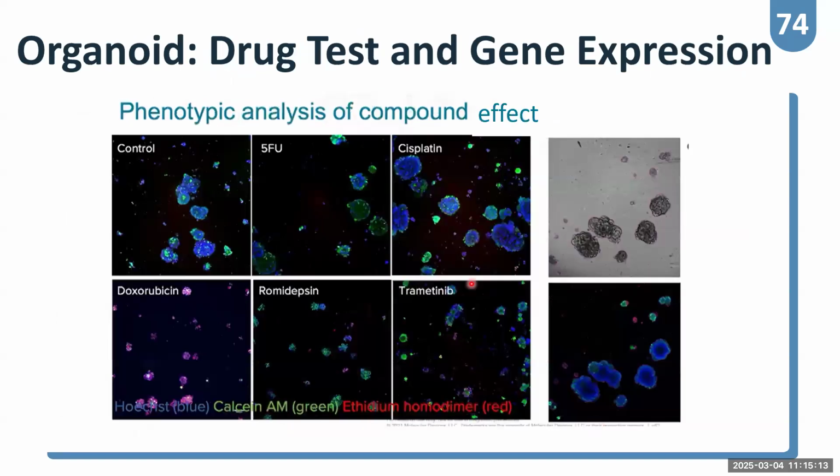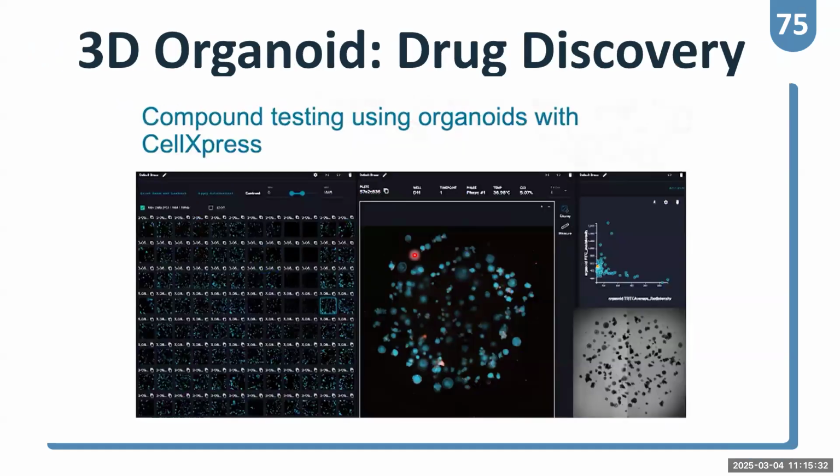Not only drug treatment and morphology monitoring, you can also stain the protein of interest in real time using the organoid. And this is the machine to observe; this is the one well, each well.